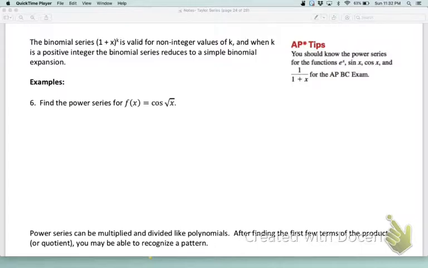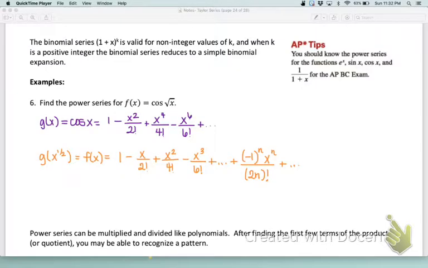So what you need to do is use the series that is up above for cosine, and instead of using x, we want to use x to the 1/2 as our power. So I would like for you to go ahead and pause the video and try this one on your own now that you know what to do. And I'm going to bring the answer to you in 3 seconds.